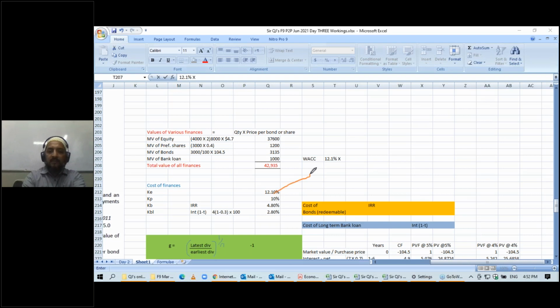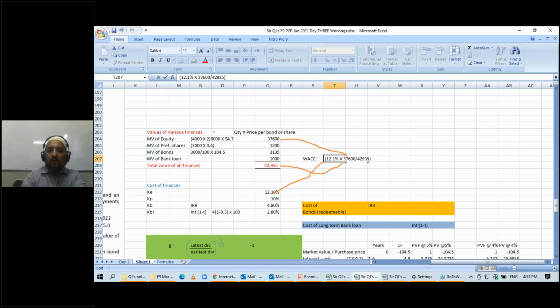So I've taken this and then I'll multiply it with 37,600 and divide by the total amount. So this gives me the portion of the equity that becomes part of the WACC. So it is 37,600 divided by 42,935. This is the first portion of my WACC.